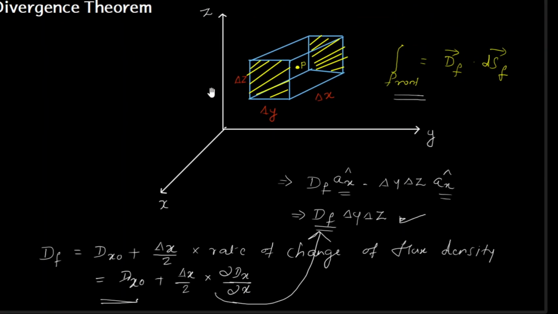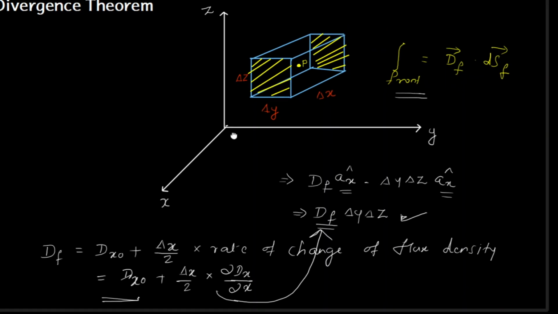The flux line was coming out in the direction of the x axis, and here it will be coming out opposite to the x axis. So this direction is negative x axis, so I have to write it as minus x cap. Similarly, the surface area is delta y into delta z and the normal vector is out of this, so minus x cap.